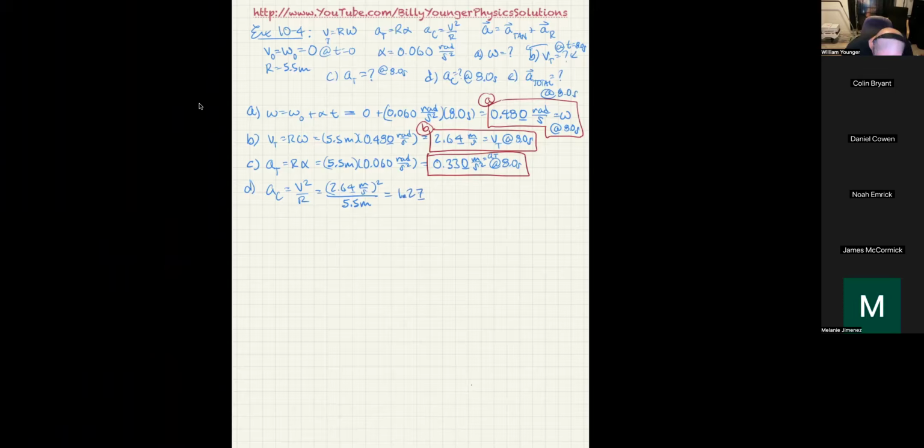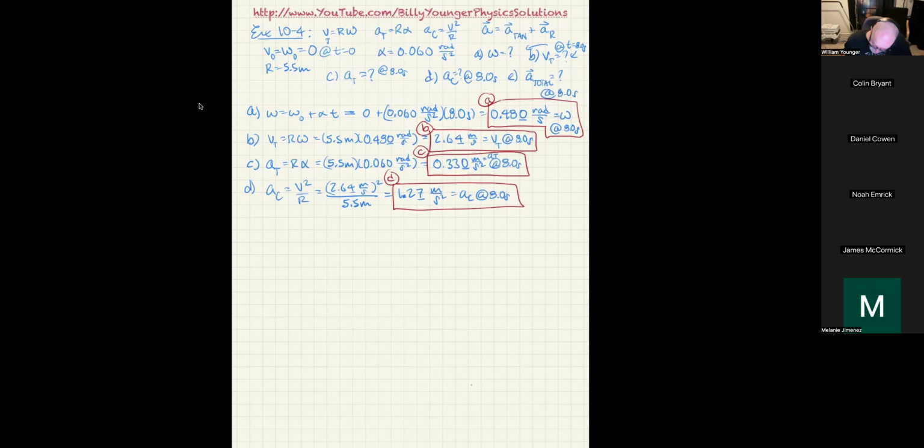That's one extra digit, by the way. So that's 1.27 meters per second every second is equal to a centripetal at 8.0 seconds. I'm going to box that off, and that's part D, and this one was part C.